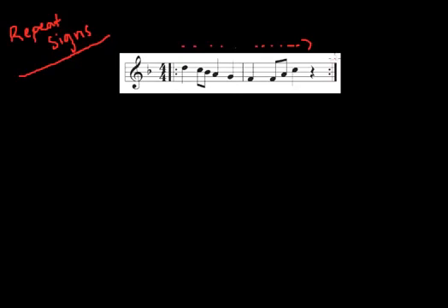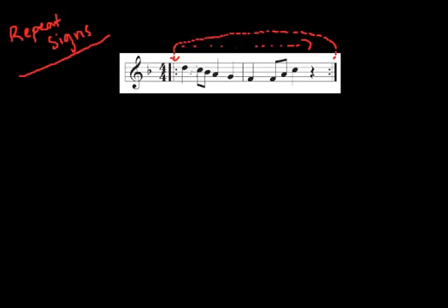Well, that tells us we have to go back and find exactly the same looking symbol with two dots and a double bar line. So this instructs us to repeat that passage. This is telling us that this was not actually the beginning of the musical piece.